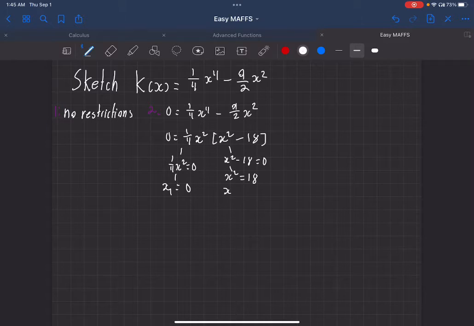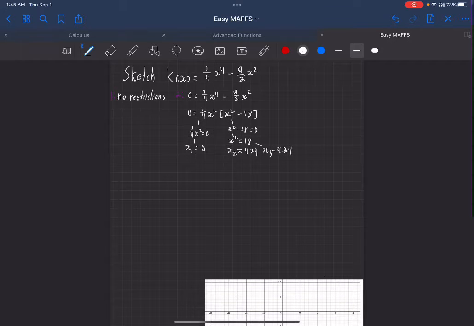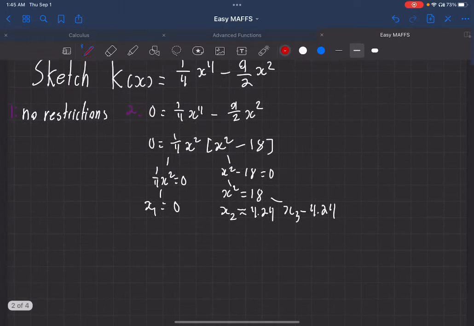So our x2 is approximately equal to 4.24, and our x3 is approximately equal to negative 4.24.